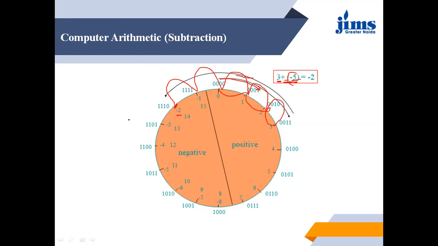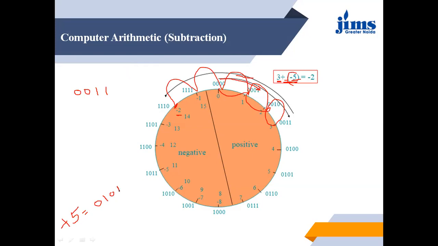You can also see from here that if I have to write plus 3, then plus 3 is equal to 0, 0, 1, 1. And plus 5 is equal to 0, 1, 0, 1.